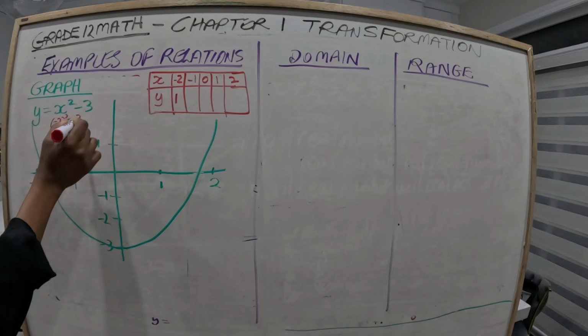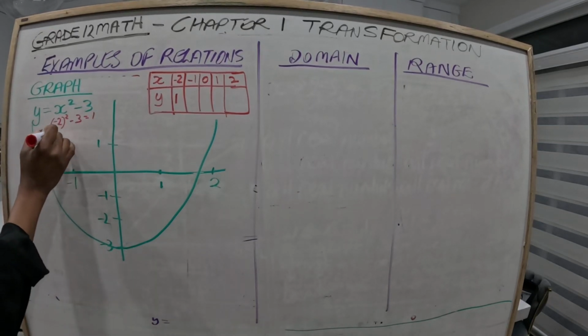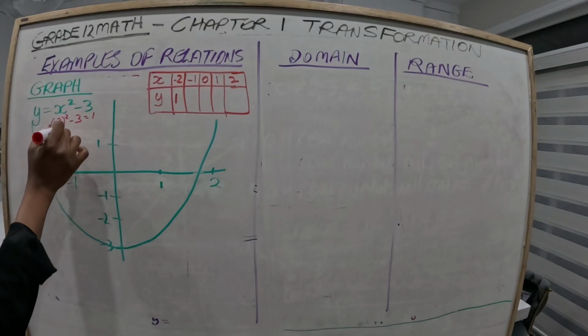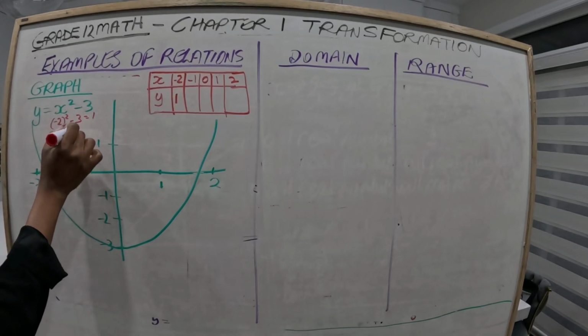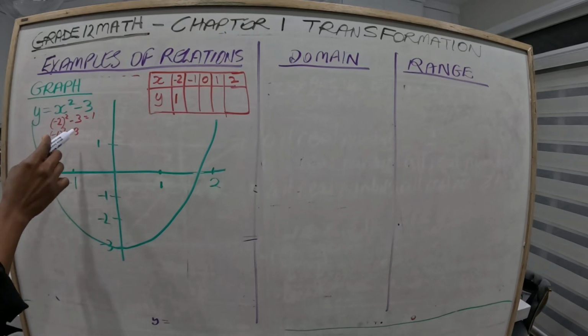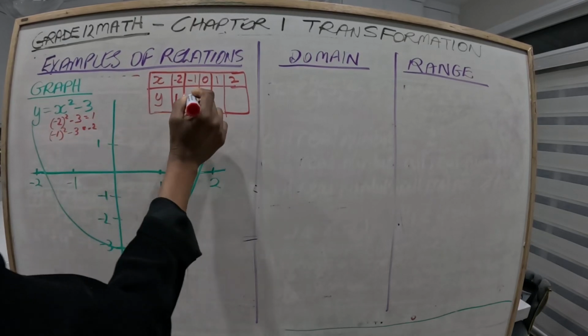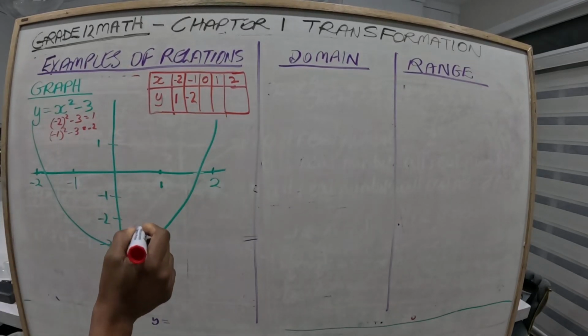If x is -1, that squared is 1, and then you minus 3, that would be 1 minus 3, which is equal to -2. So y is -2.